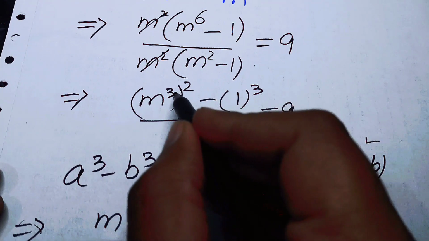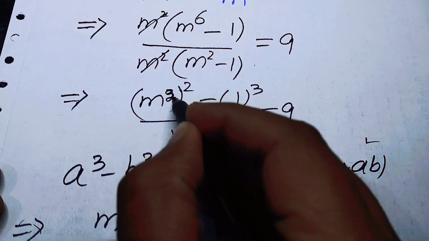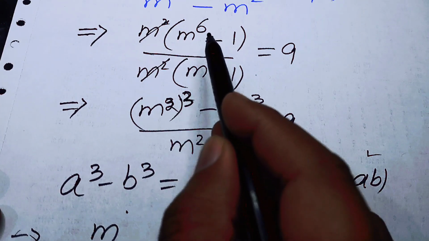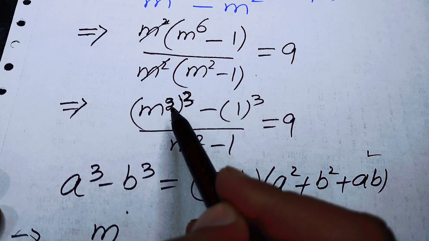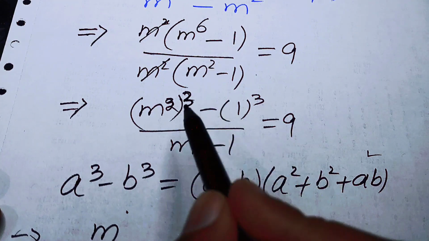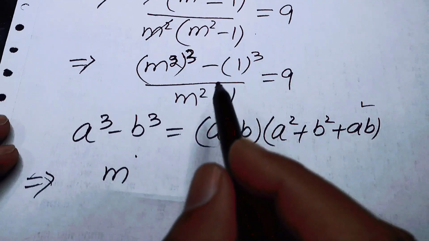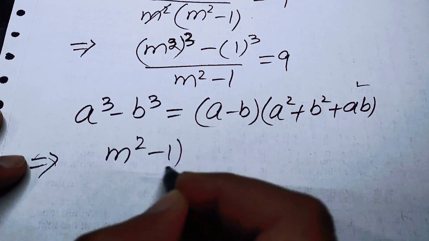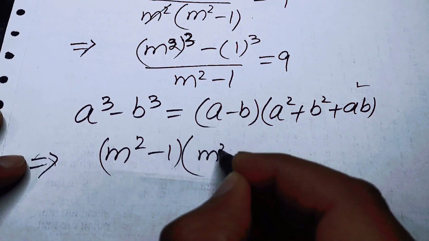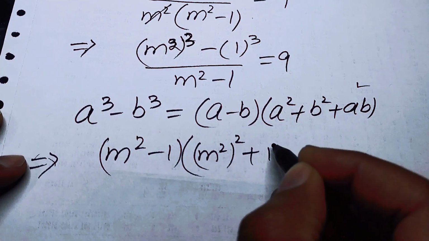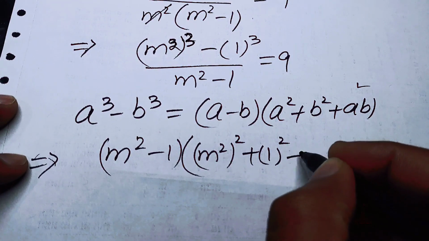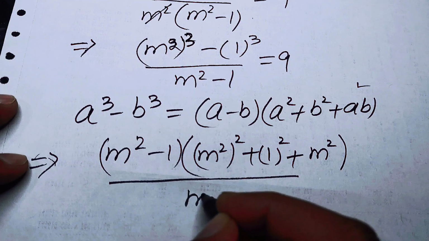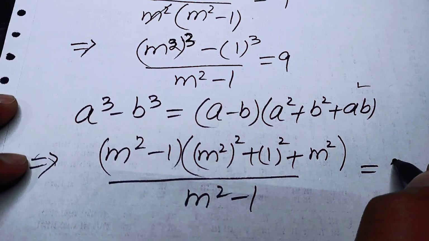In order to apply it, we can break m to the power of 6 as (m to the power of 2) whole cubed, so it becomes (m square) cube minus 1 cube. Now we apply the formula, so here we have (m square minus 1) times ((m square) whole square plus 1 square plus m square times 1), over m square minus 1, is equal to 9.